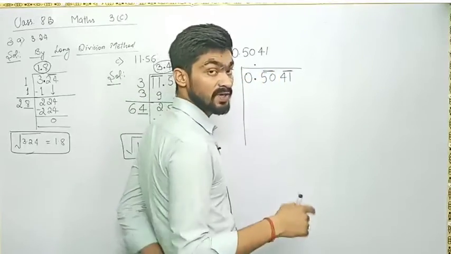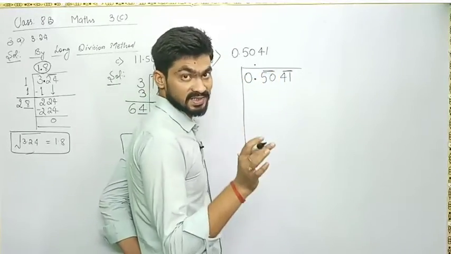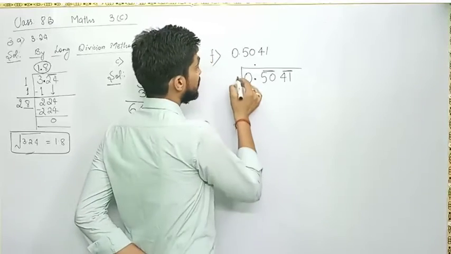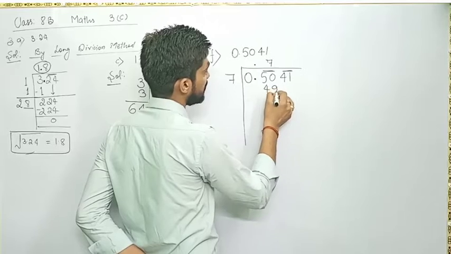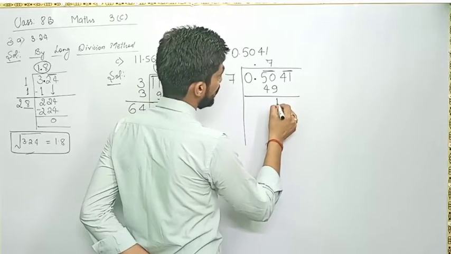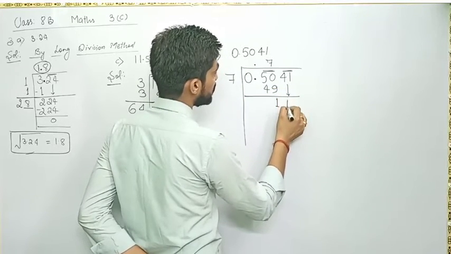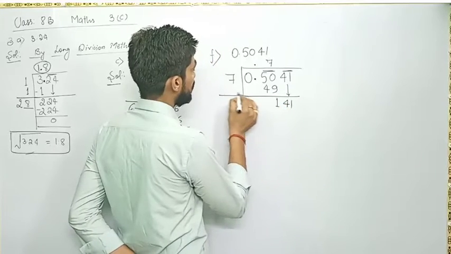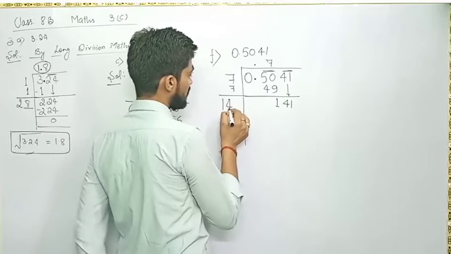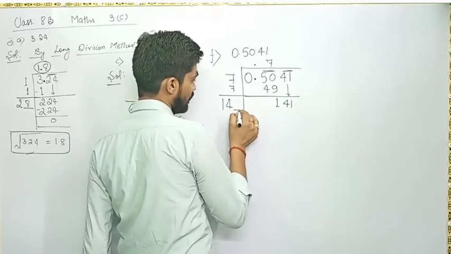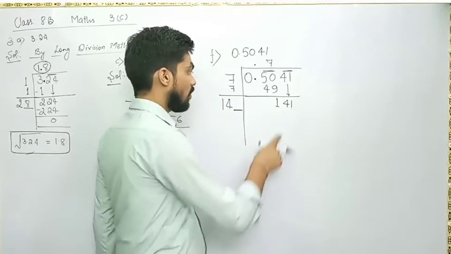Now 50 is very near to the square of 6. Sorry, 7. Because 7 7s are 49. 7 7s are 49. Subtract, you will get 1 and the whole pair you will write. So 41. So you will write here 7. 7 will be added. 7 and 7, 14. Now my dear children, you know that the one's place is always empty. Here is 1.